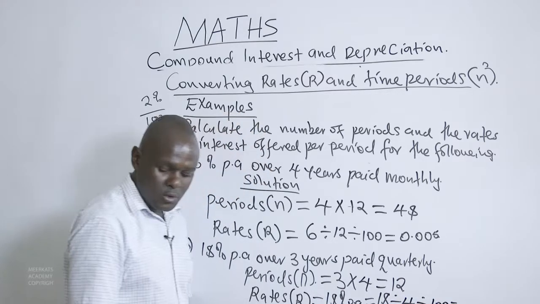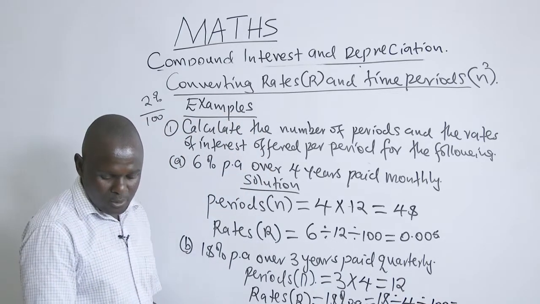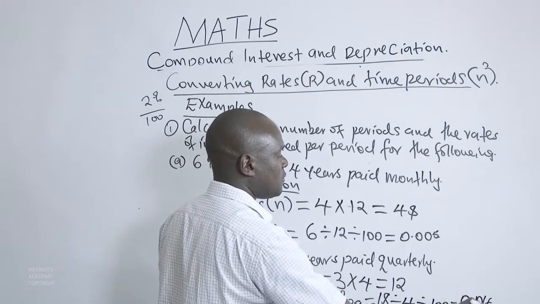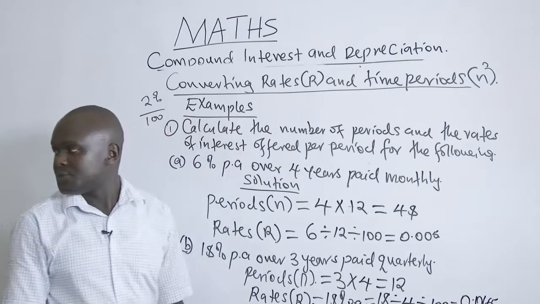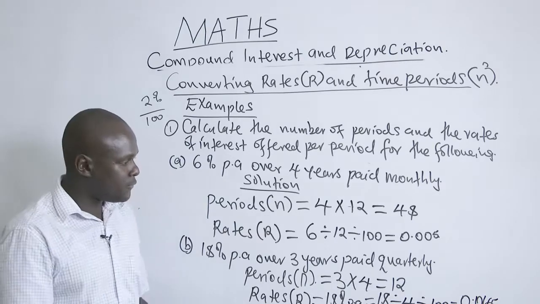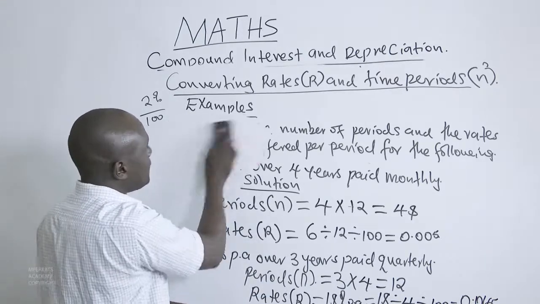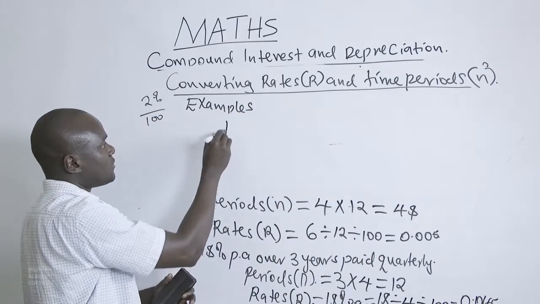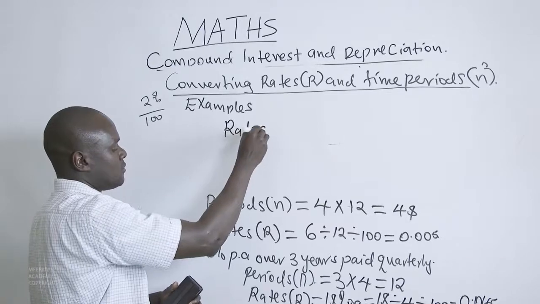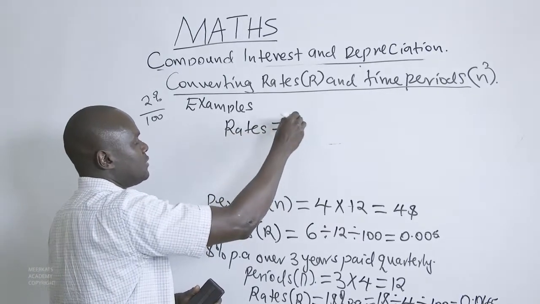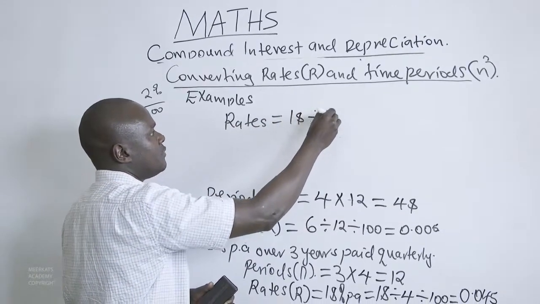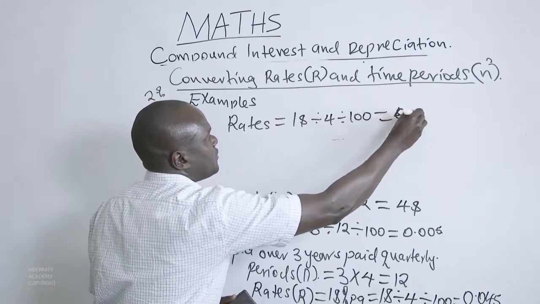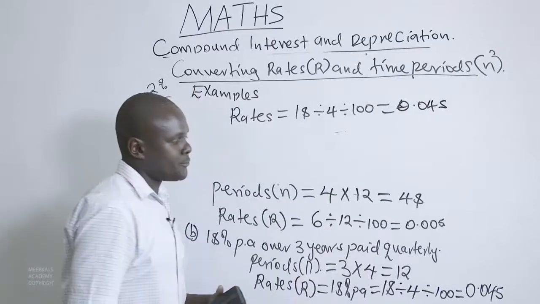And this will give us 0.045. Let me write it up here. We are saying these rates will be equal to 18 divided by 4 divided by 100, and it gives us 0.045. Those will be the rates.